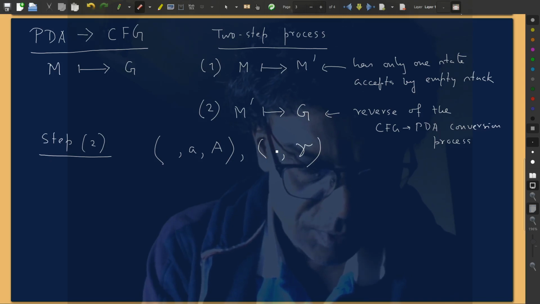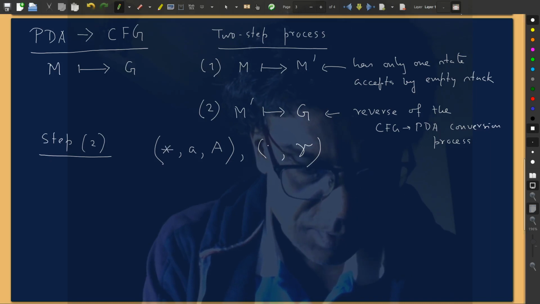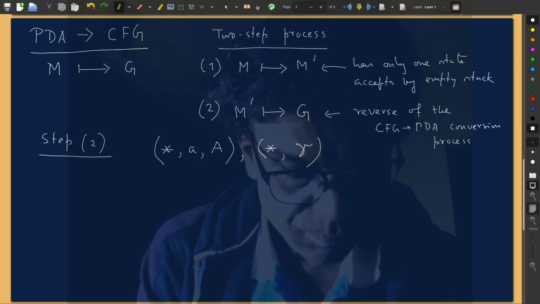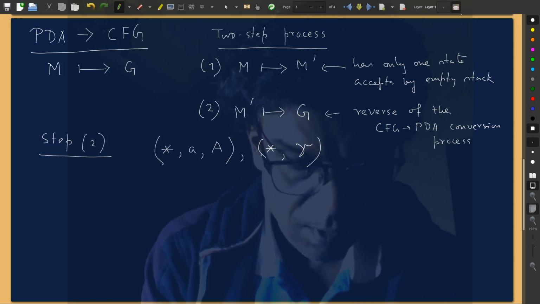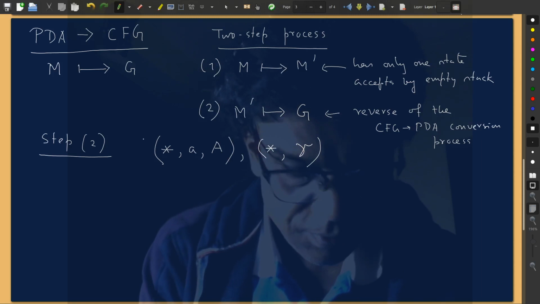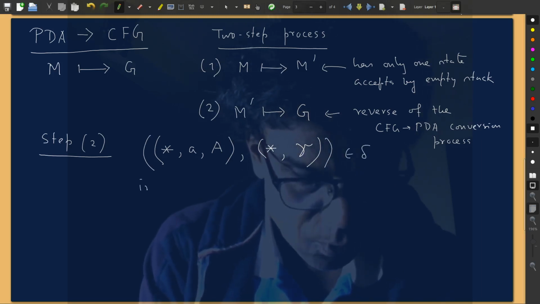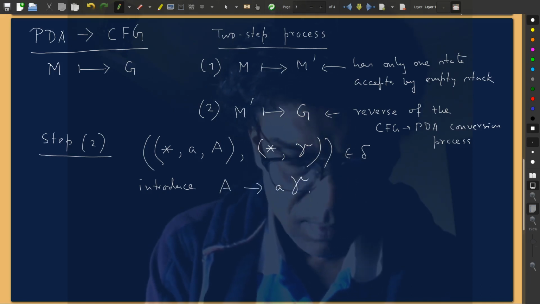They are both star, and since this is irrelevant information, the rule does not have to take care of this. So for this in delta, introduce the rule A can be A gamma.